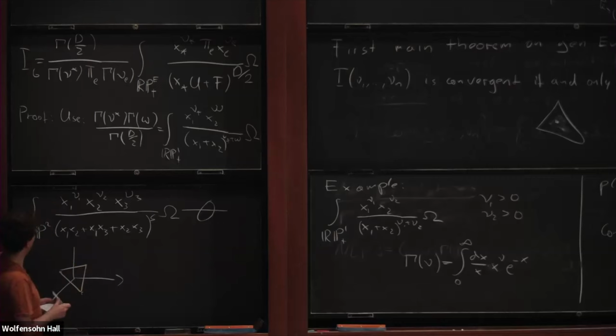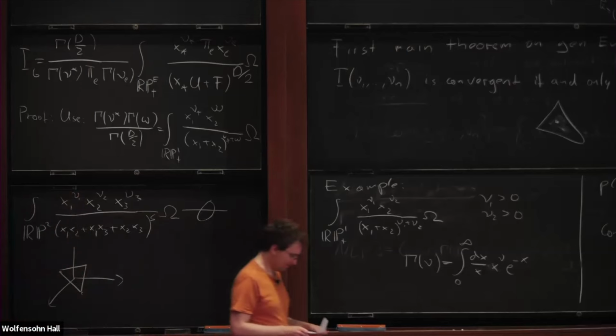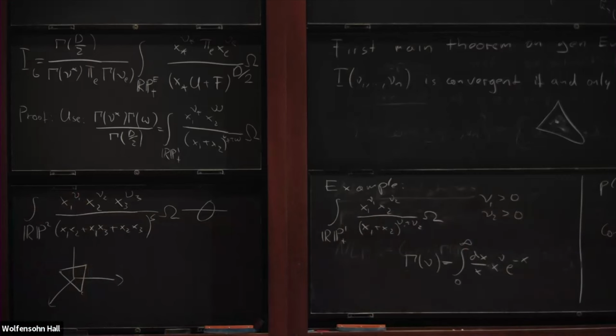And convergence happens always if this nu vector lies inside this triangle in three-dimensional space. So the region of convergence is always given by the interior of this Newton polytope.